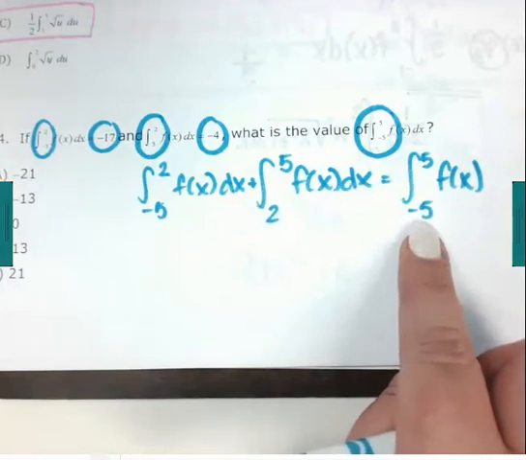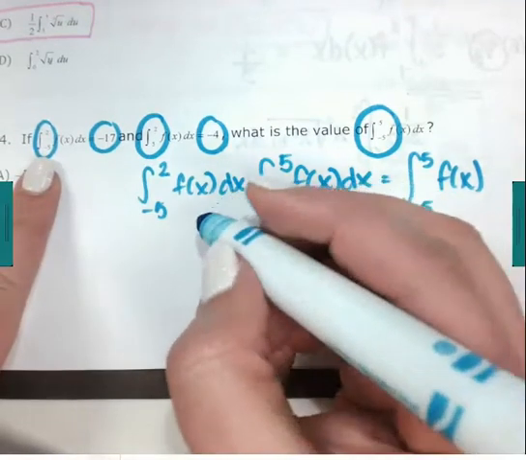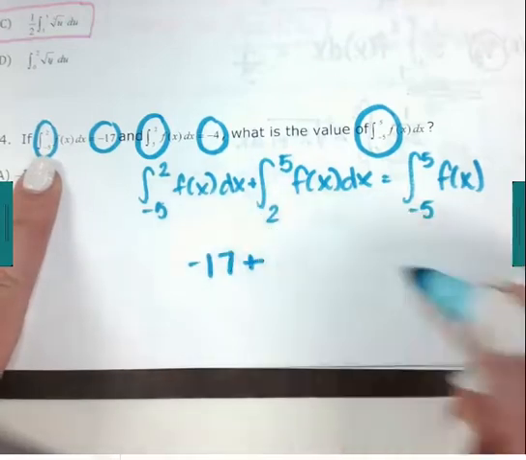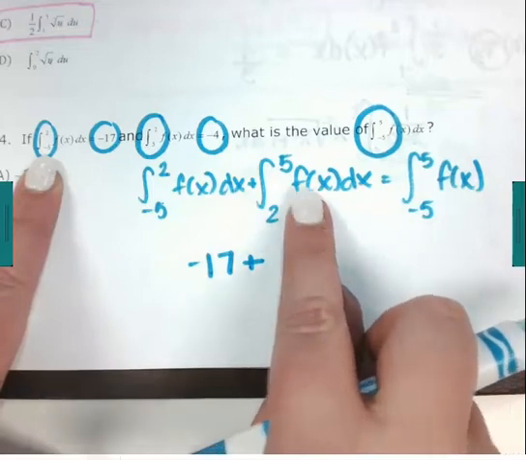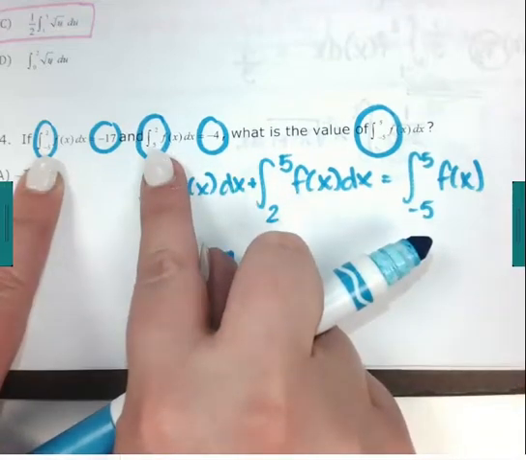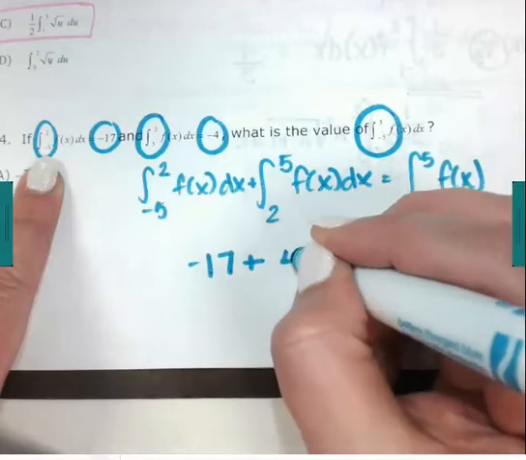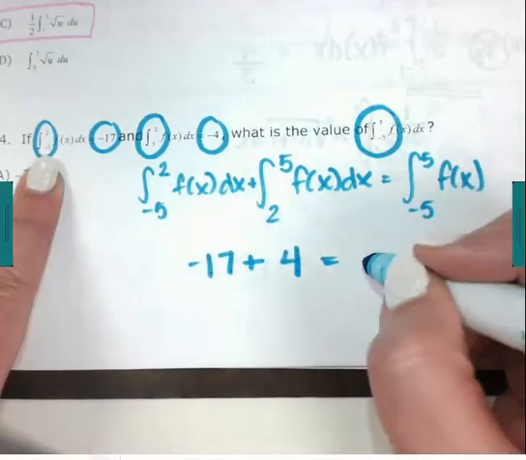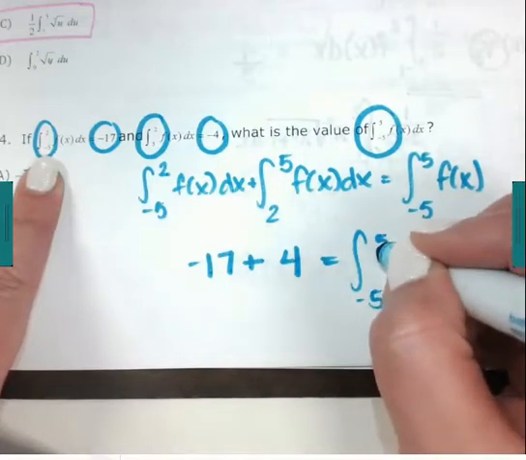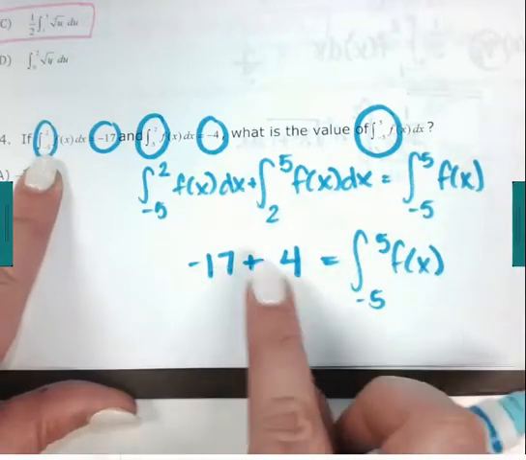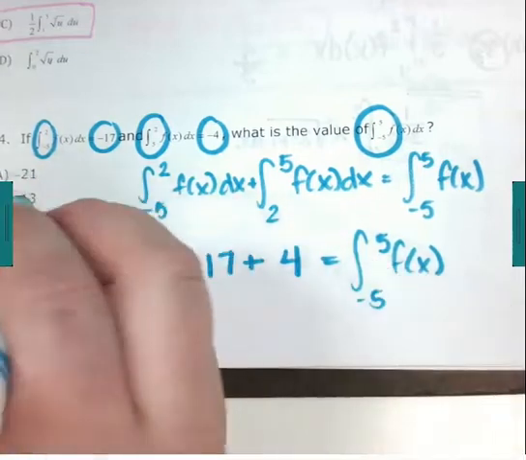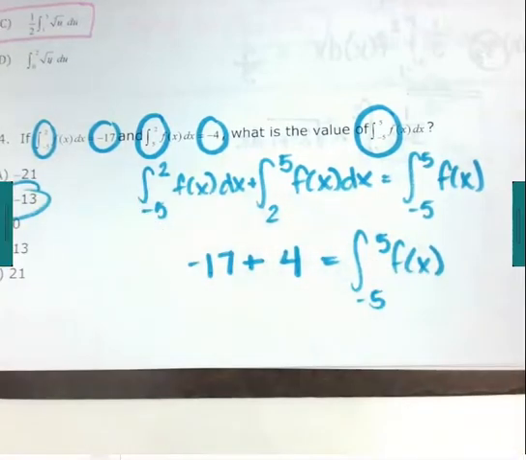Okay, so negative 5 to 2, how big is it? Negative 17 plus. Now, careful here. I want 2 to 5, but I was given 5 to 2. Positive 4. And then this is the one that I want. Negative 5 to 5 is negative 17 plus positive 4, which gives me negative 13.